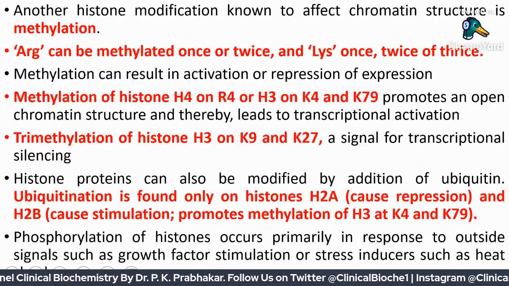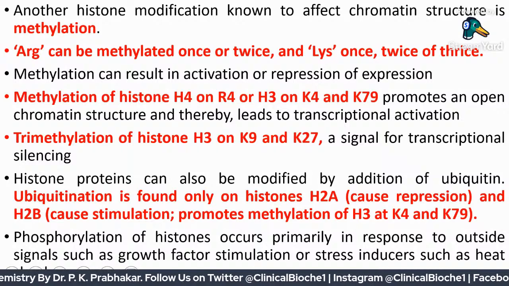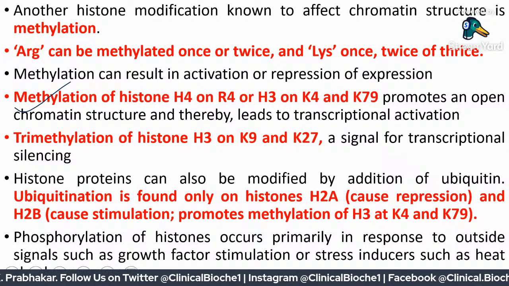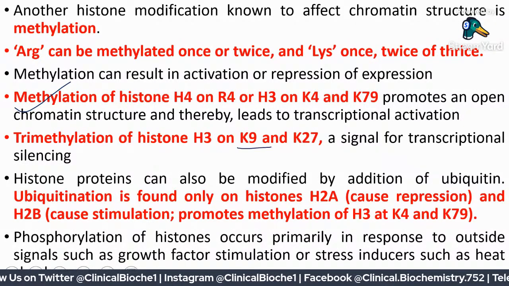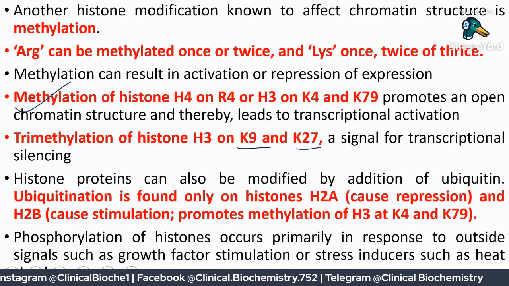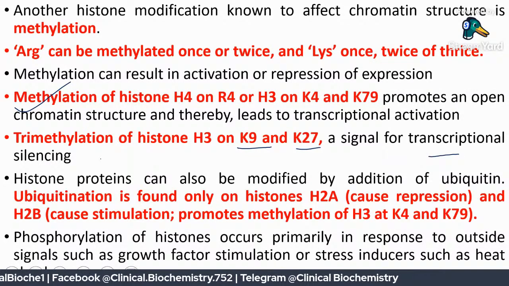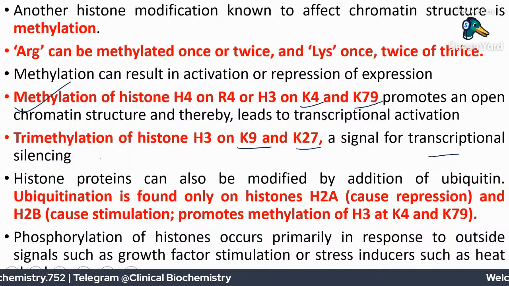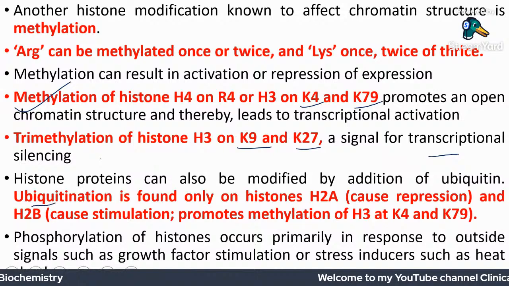Other modifications like this methylation I have already shown in that table. So remember this: K9 or K27 modification will give you euchromatin transcriptionally silencing, and modification of K4, K79 is going to activate your transcription. Other than that, ubiquitination is also there, but that is not that significant.